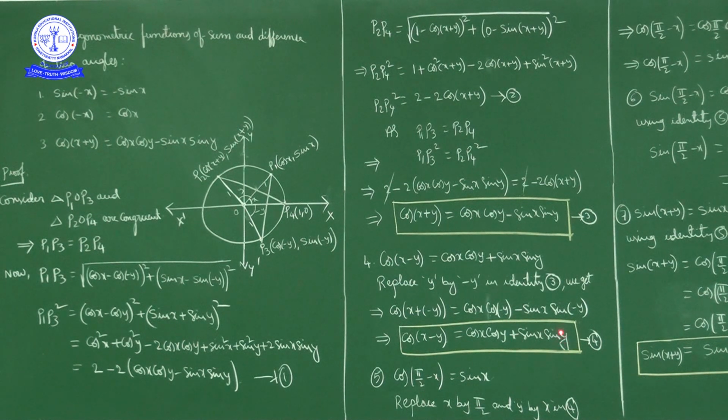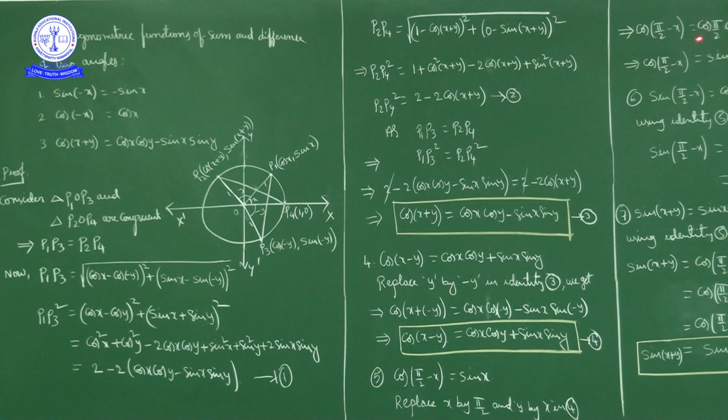In place of x I'll write pi by 2, in place of y I will write x. So replace x by pi by 2 and y by x in identity 4. We get cos pi by 2 minus x is equal to cos pi by 2 cos x plus sin pi by 2 sin x.